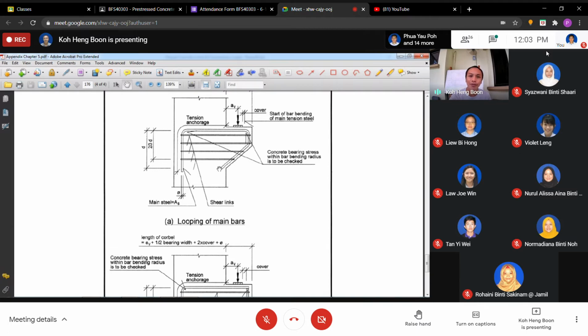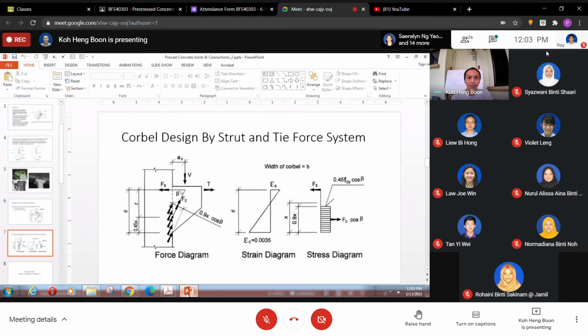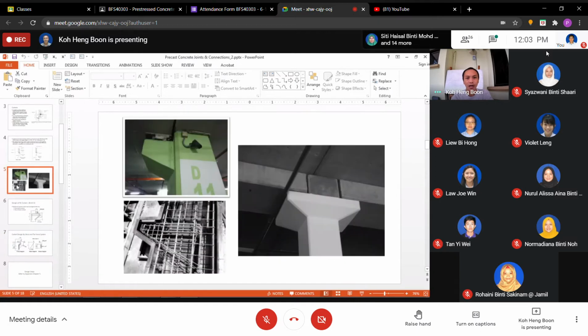But usually sometimes we just extend a little bit and go in to here, in a loop here, in a loop.